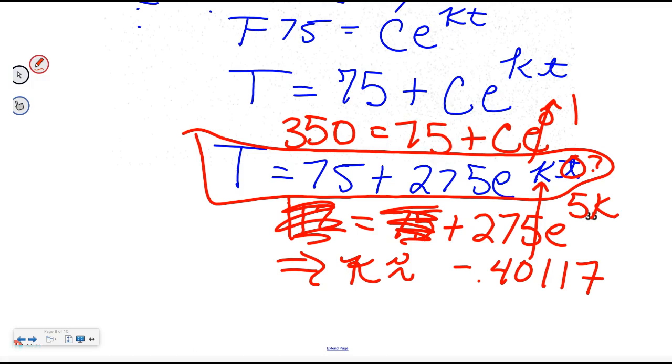And when they died, their body temperature, assuming they didn't have a fever or something, was 98.6. So you'll be plugging 98.6 in here and solving for T. Do you think it will be positive or negative? Negative, because you had to have died before you were found dead. So we have to go back in time, correct?